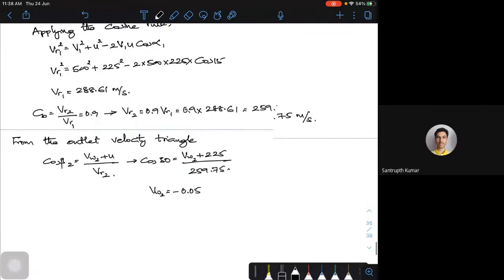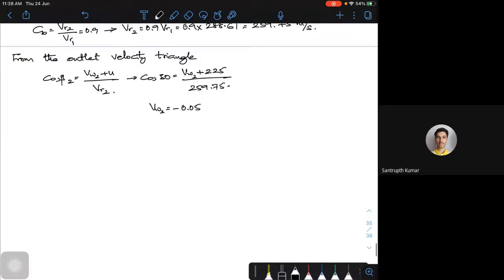Now let's go and find the sin beta 2. Sin beta 2 is equal to VF2 divided by VR2. I don't know the value of VF2, I need to find VF2. So VF2 is equal to VR2 into sin beta 2.